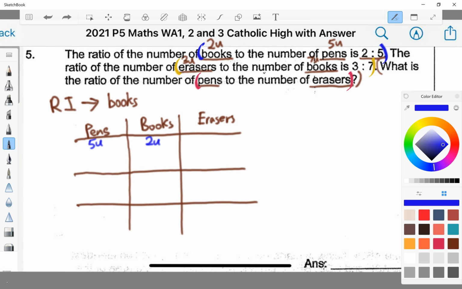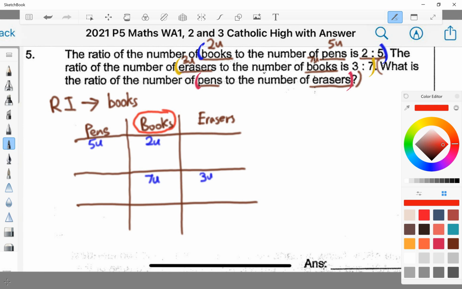Okay, so back to the question. In my next row, I'll write down the units for the erasers, which is actually 3 units. What about the books? The books actually 7 units. Remember, boys and girls, ladies and gentlemen, we have to make our RI the same.